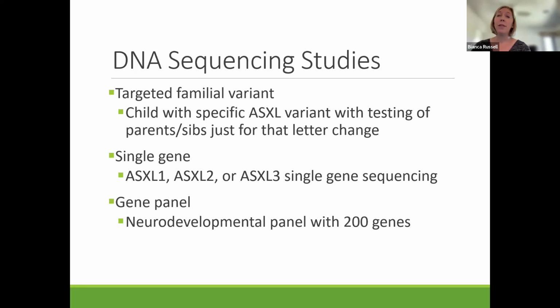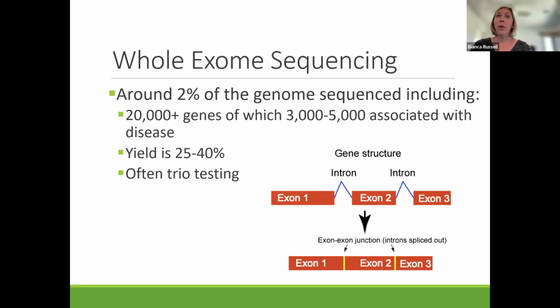So some people have sequencing done where the ASXL gene is one of many neurodevelopmental genes sequenced all at once. Most commonly these days, people end up getting more broad testing instead of more focused testing, and whole exome sequencing is quite common. So many of our families have had exome sequencing.